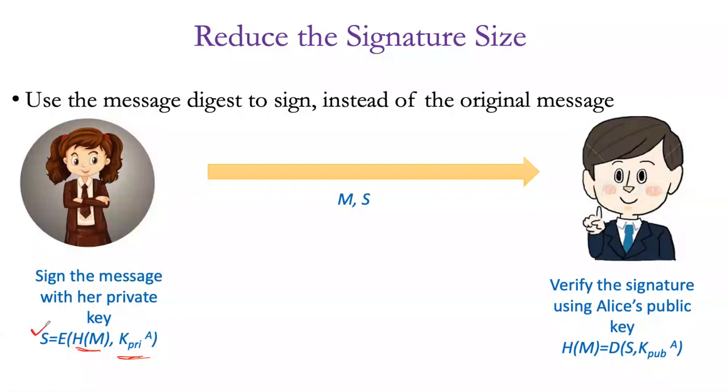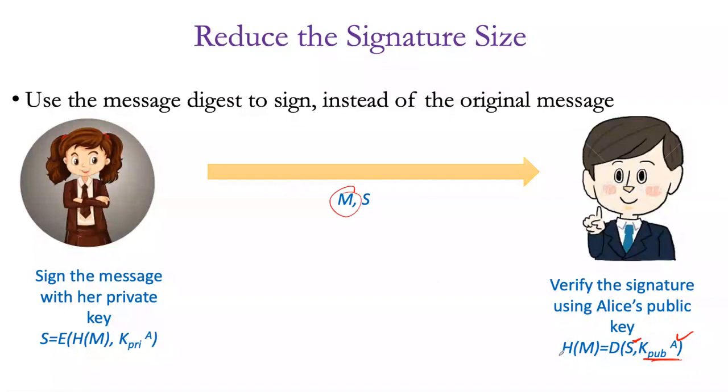Then this signature along with the message is transferred through the network to the destination, where Bob verifies it by decrypting with Alice's public key. He is decrypting only the signature, not the entire message.